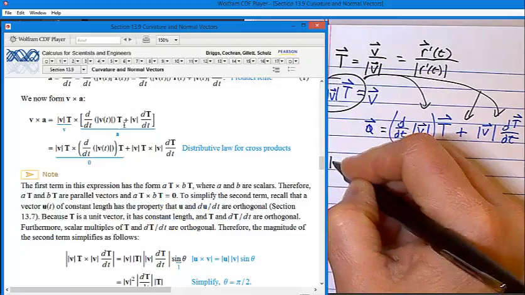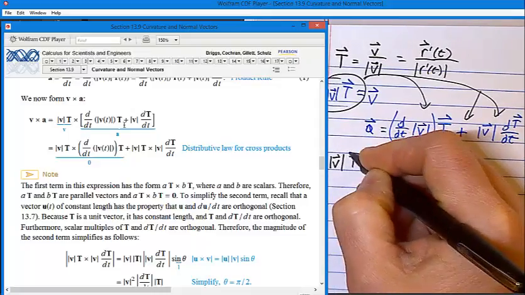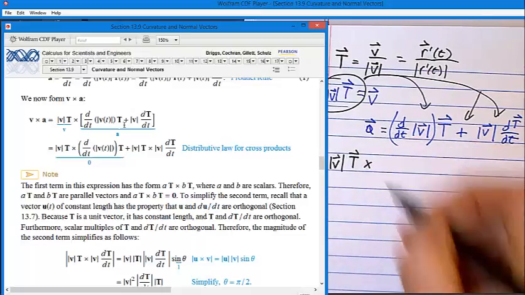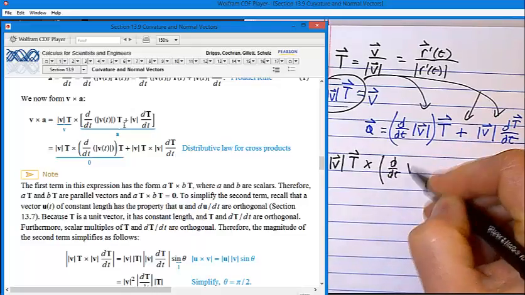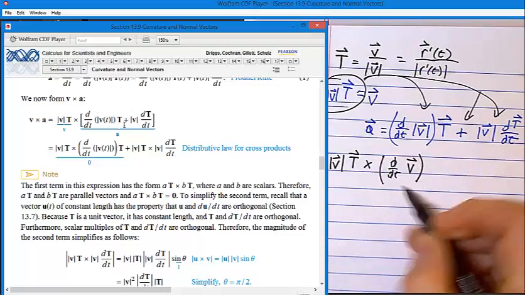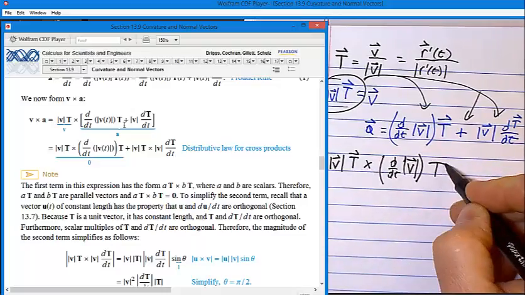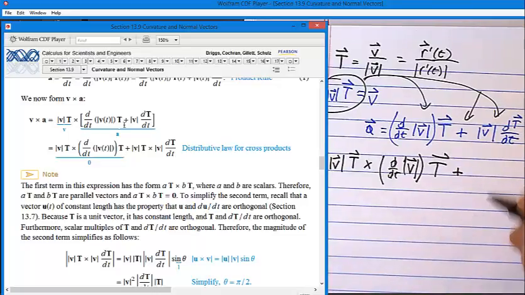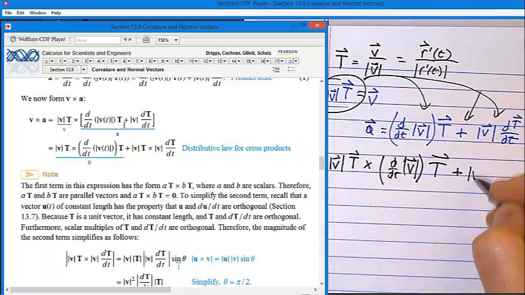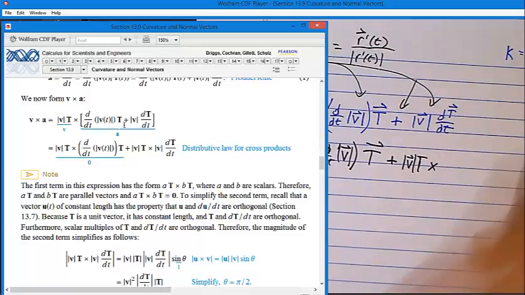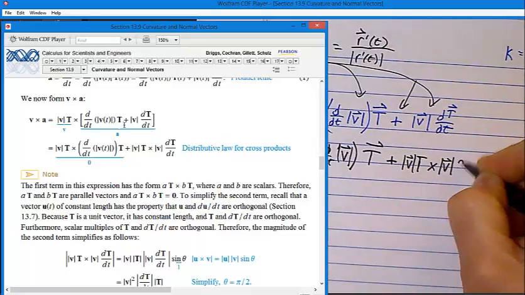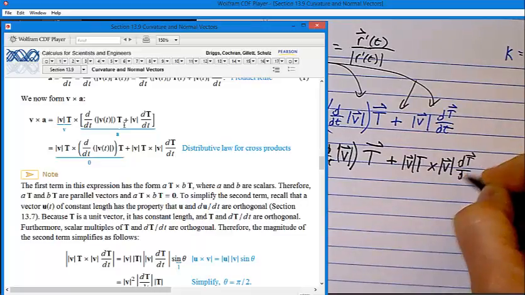We get magnitude of V, T, cross, the derivative of the magnitude of V, T, plus, and then we get magnitude of V, T, cross, and then here I get this thing. This is magnitude of V, dT/dt.